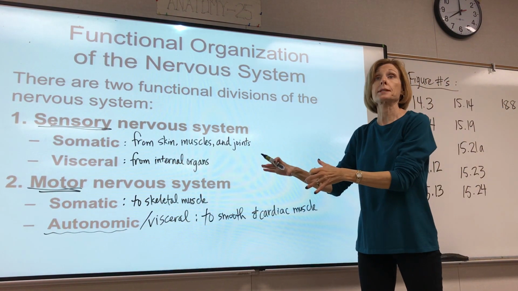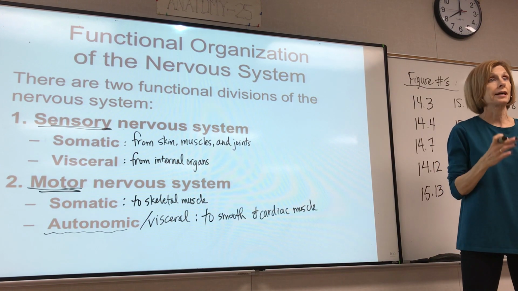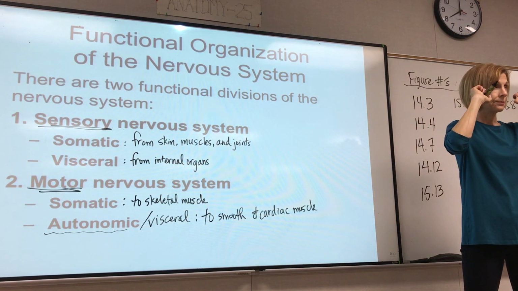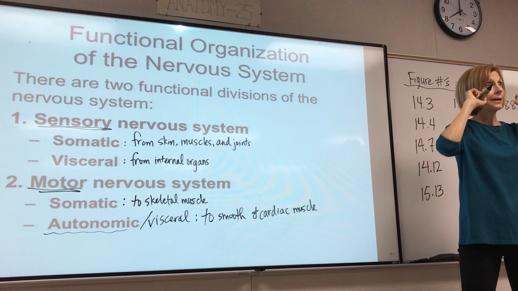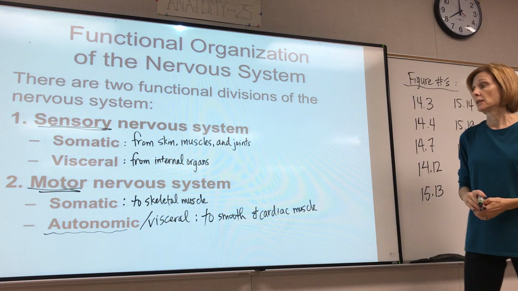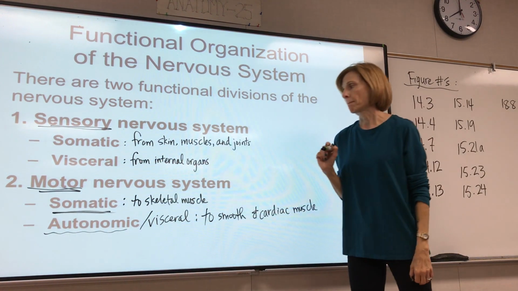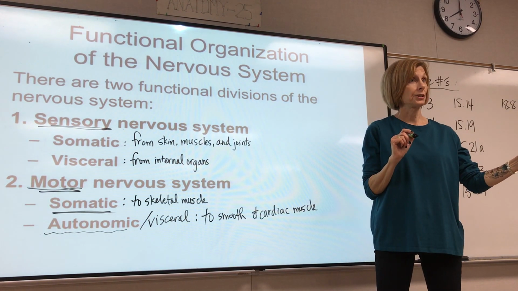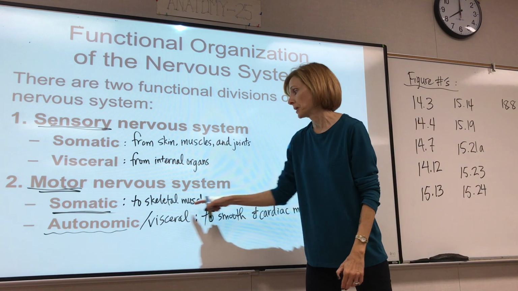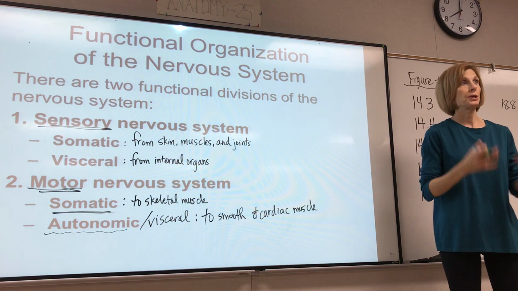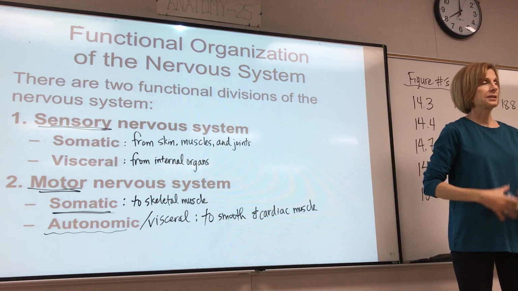This is the part of the nervous system that controls everything we can't control consciously. Okay? And this is actually covered in chapter 18. Somatic motor neurons are the ones that we have already talked about that would supply our skeletal muscle, right? Which we control consciously or voluntarily.